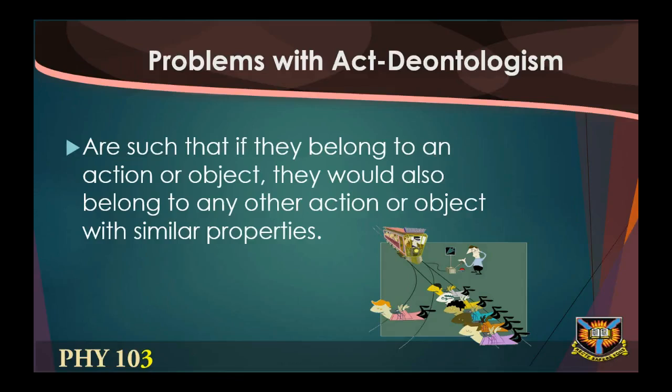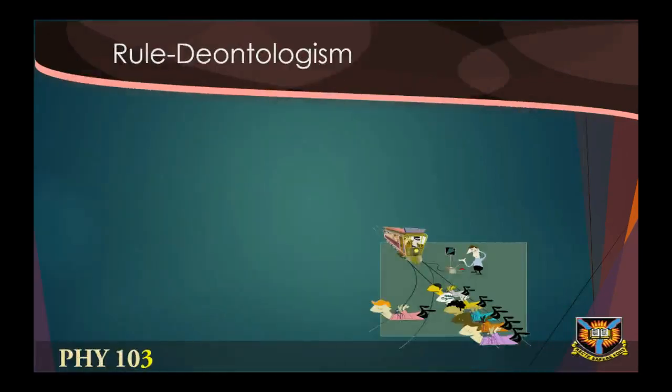For instance, to say that I ought not to steal implies that everyone ought not to steal. If you judge that X is right, then one is committed to judging that anything exactly like or sufficiently like X in relevant respects is also right.